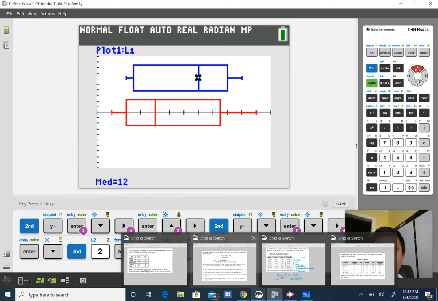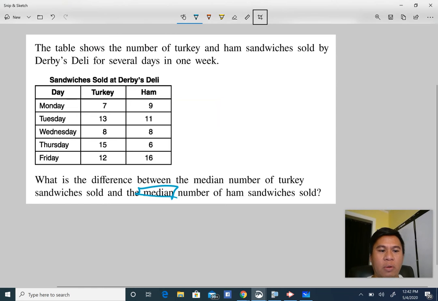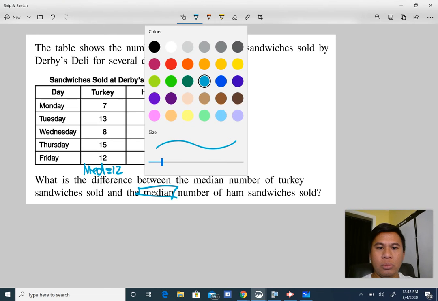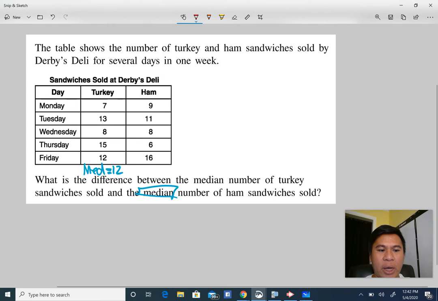Let's go back to our problem now. For the turkey, we got the median to be 12, that one is in blue. And for the one in red, the ham, the median is equivalent to 9.